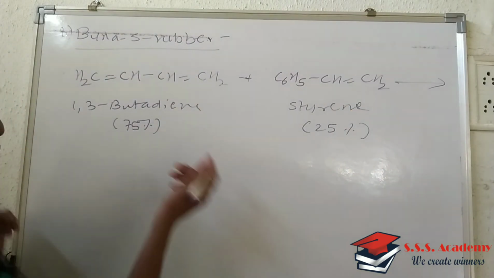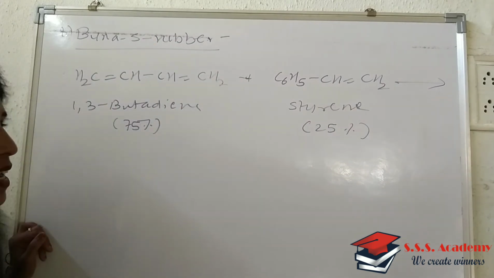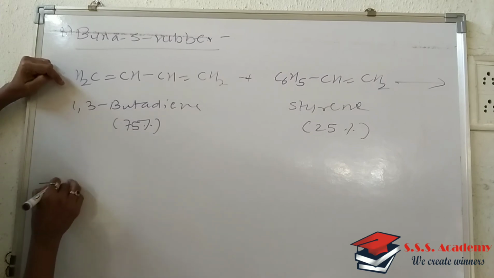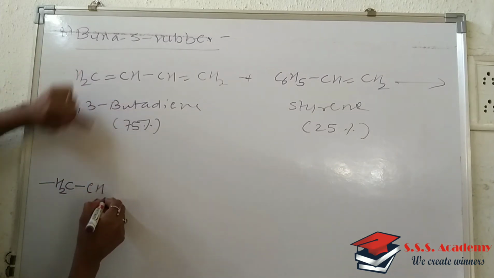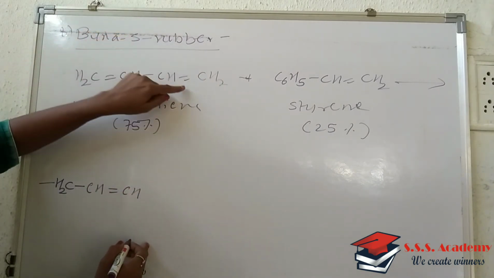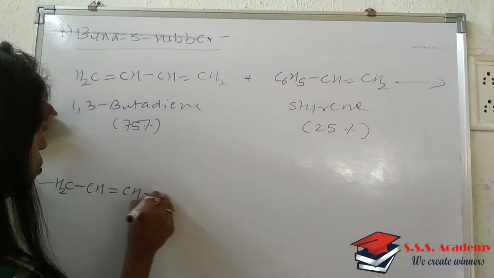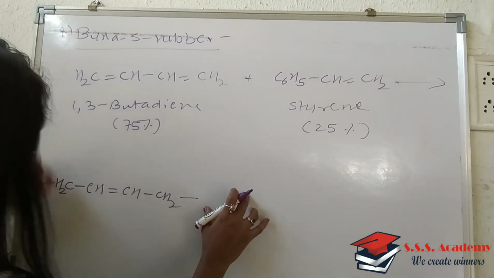Okay, so what will happen? Addition polymerization. The double bonds present are used for the reaction, and therefore new, see, CH2 as it is, CH as it is. Now this bond will shift to this, so it becomes CH. Okay, this bond will shift over here, so I will write this new bond. This is a new bond. Again I will write the same unit. Why?